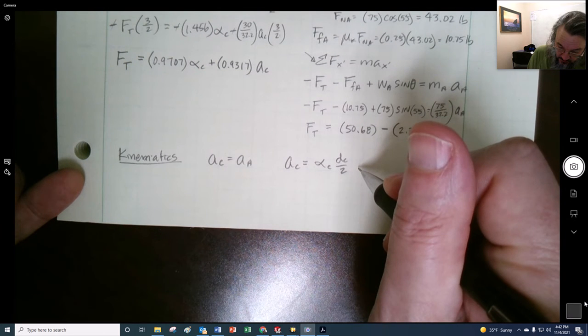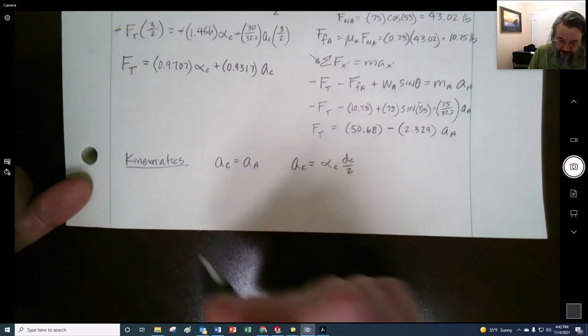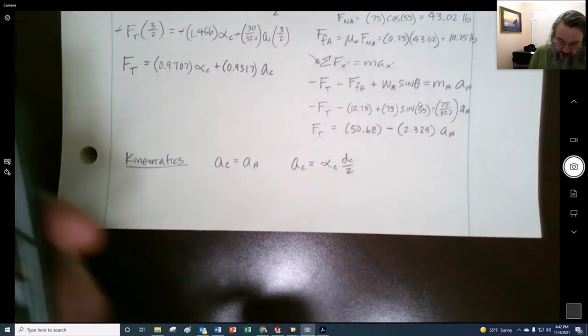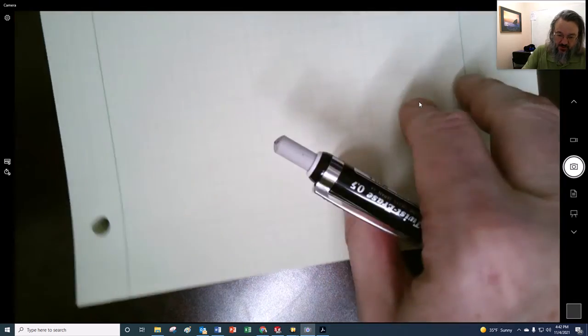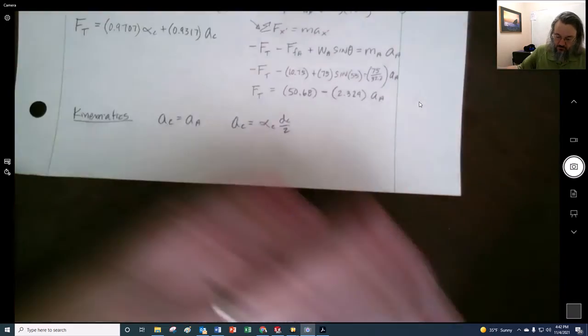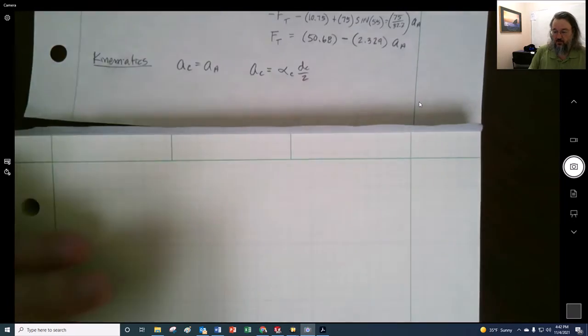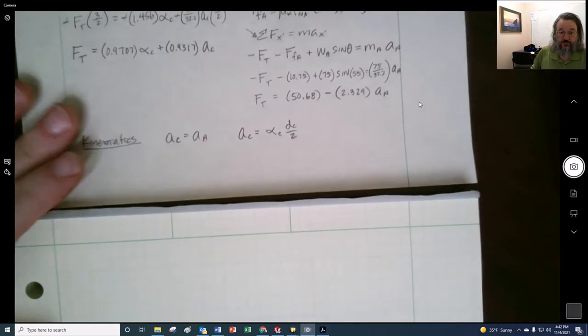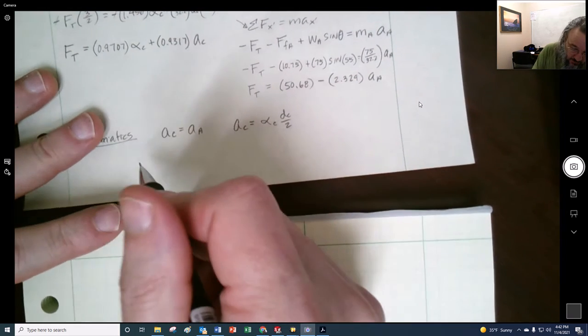I'm going to go to another page because I'm going to have to do some more writing. I guess I can fill a little bit of this in here.